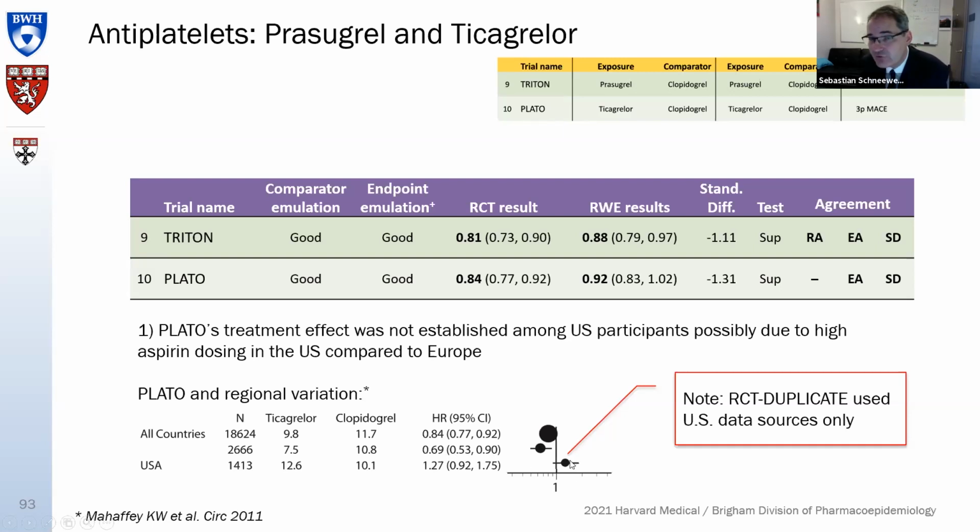It is hypothesized that some patients in the United States used higher dose aspirin, the 325 milligrams versus the 100 that is frequently used in Europe. And the hypothesis is that maybe that has interfered with the effectiveness of ticagrelor. I don't know, but the fact is that we use US databases, and if we compare ourselves to the US finding only, then the interpretation changes a little bit here, right? So that is the struggle with emulation exercises like these.